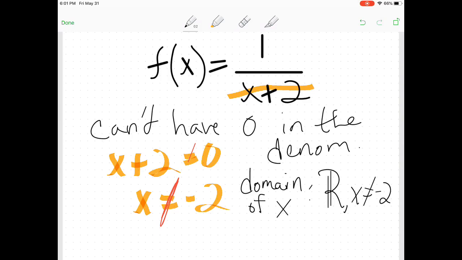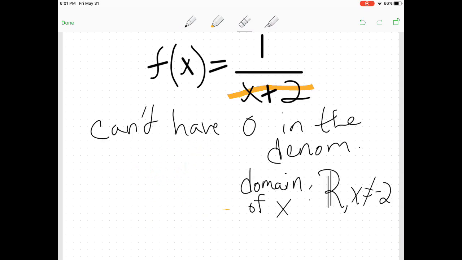Now the question is, how am I going to write this in interval notation? Let me just erase this so I can have a little bit of room to work with. I want to take this and put it in interval notation.